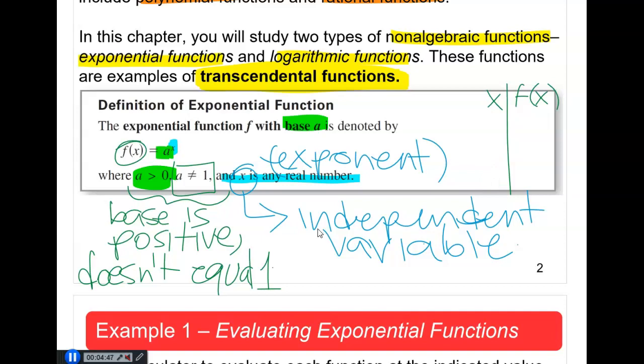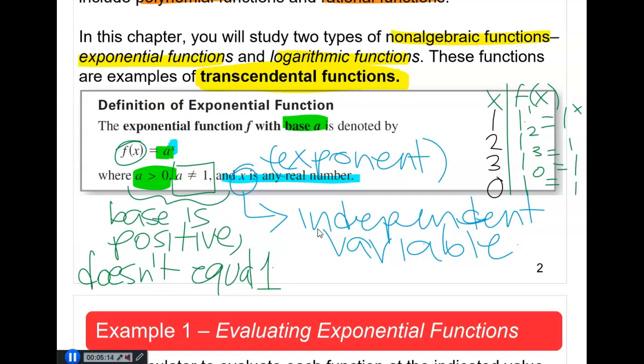The x values will be, let's say, 1, 2, 3, 0. And so for the substitution, it will be 1 to the power 1, 1 to the power 2, 1 to the power 3, because the equation is 1 to the power x, and then 1 to the power 0. So for all of these values, we will always get a 1.